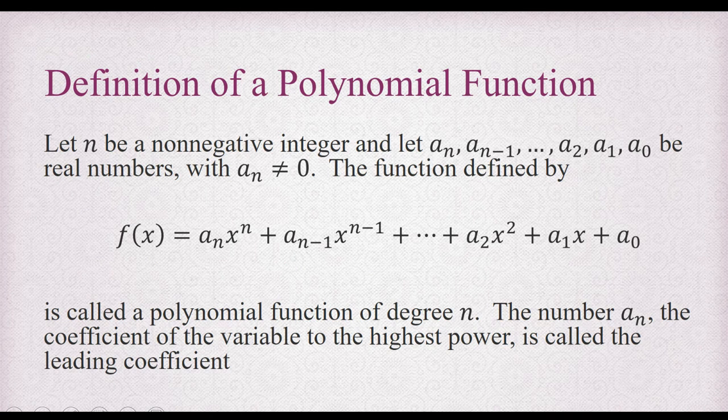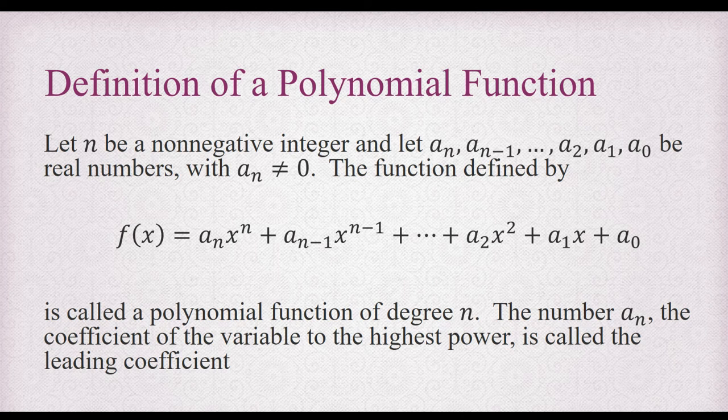So, definition of a polynomial function. It says let n be a non-negative integer and let a sub n, a sub n minus 1, all the way to a sub 0 be real numbers, where that first term, a sub n, is not going to equal 0. So I know it looks kind of intense, but those a's in front are just coefficients, or numbers that are in front.